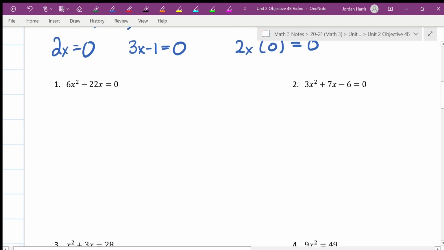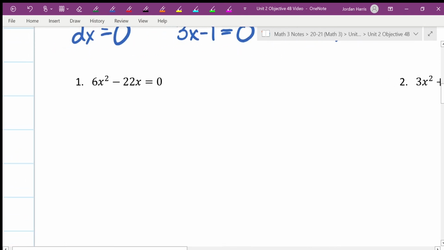So, number 1, we always look for GCF first. I can see they both have an x and they both have a factor of 2 involved. So I'm going to take out a 2x. And I would get 3x minus 11 left.